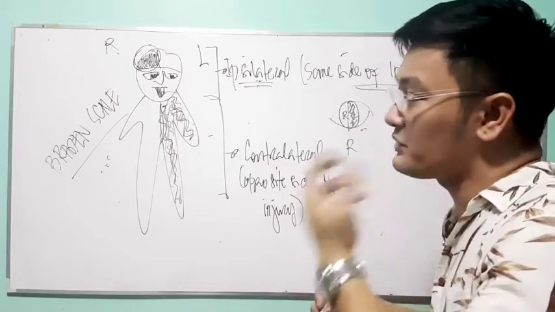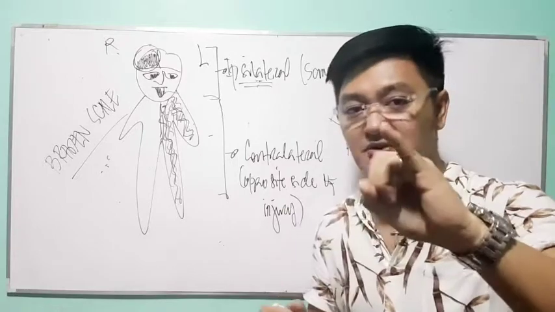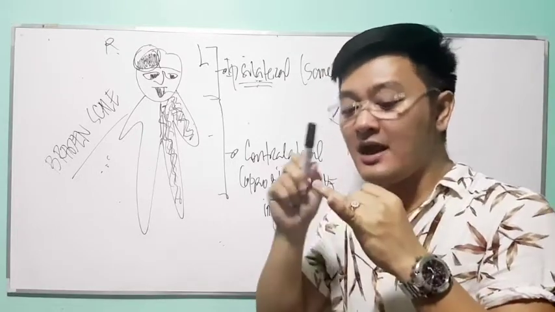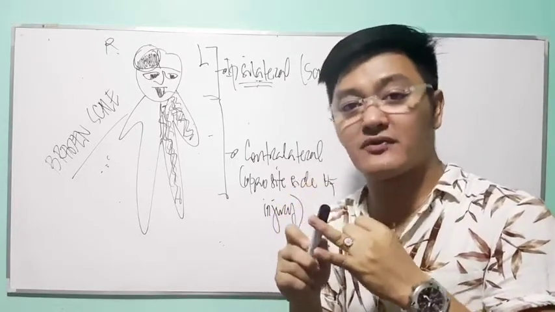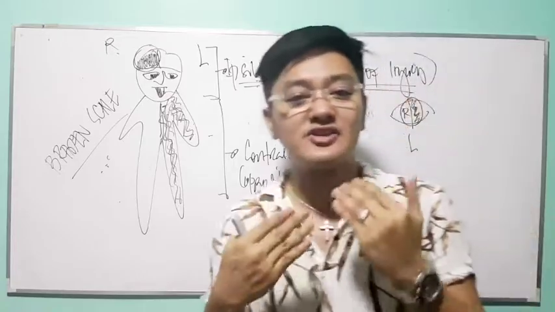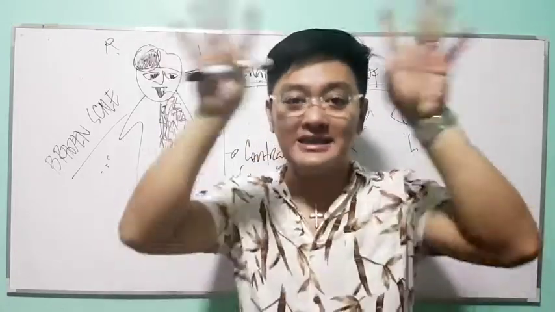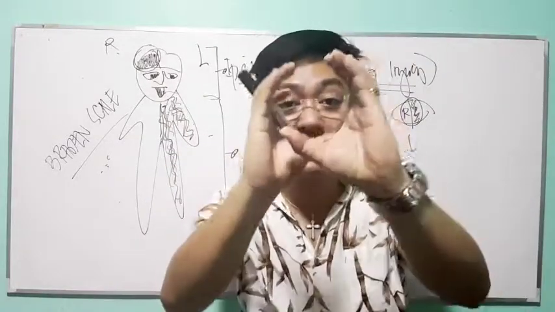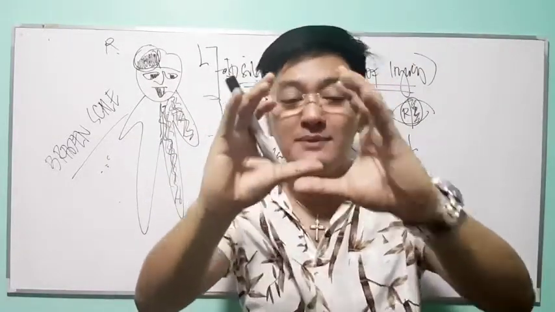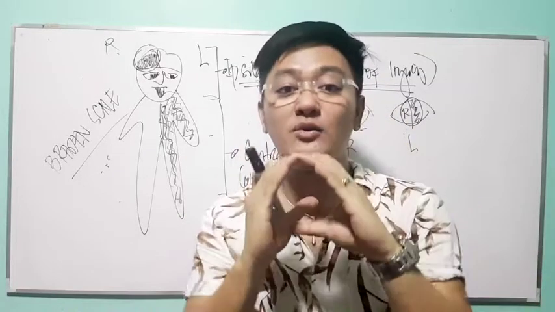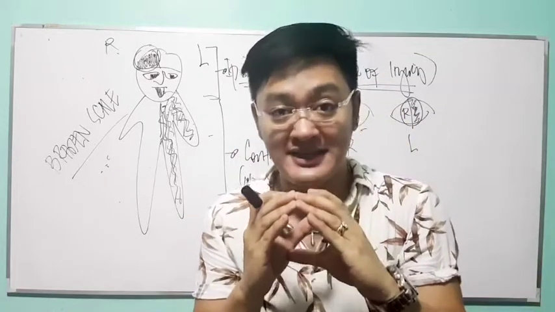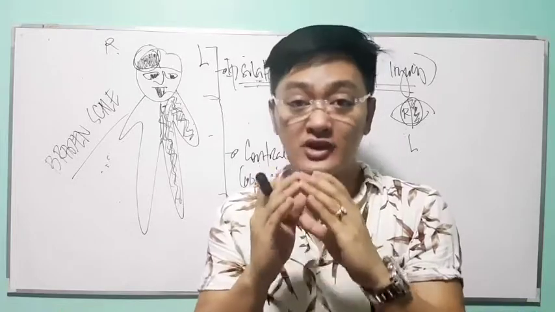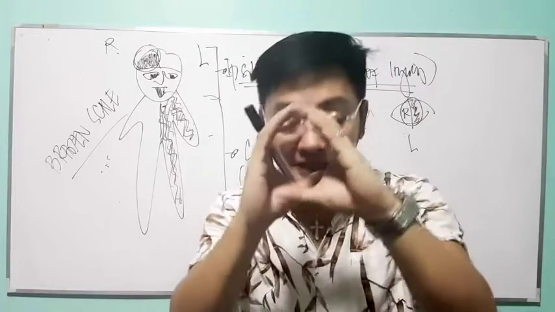Now, another thing. With respect to visual field deficit, so you're done with your homonymous hemianopia, right? Second is what they call loss of peripheral vision. When you say loss of peripheral vision, it means you cannot see the sides. What you see is only the middle. Am I right? If you only see the middle, you call that central vision. Can you follow? So another name of loss of peripheral vision is central vision.